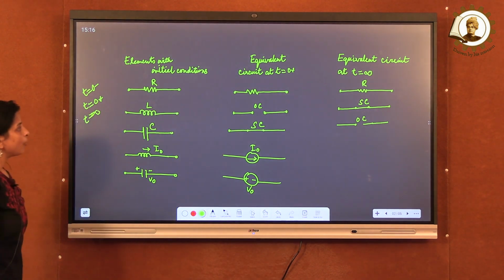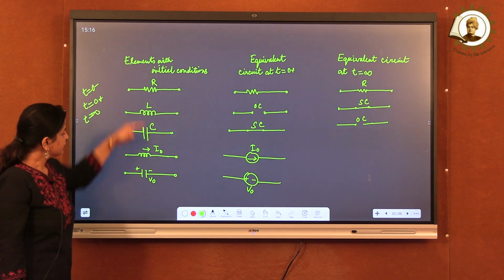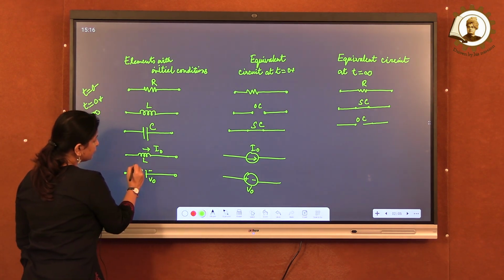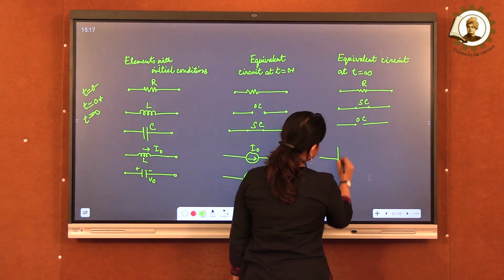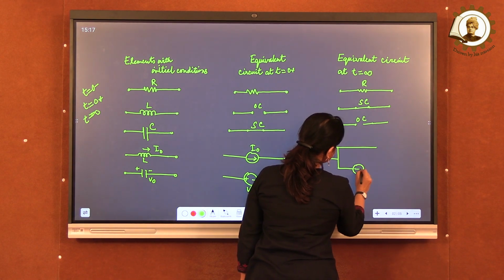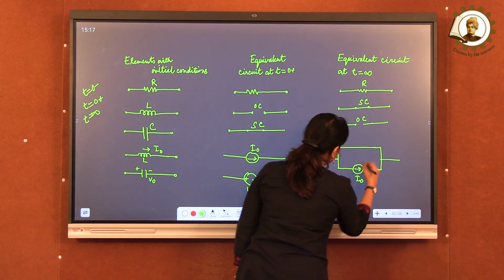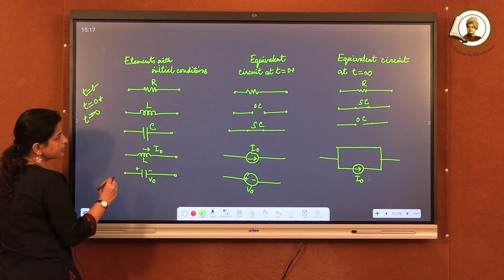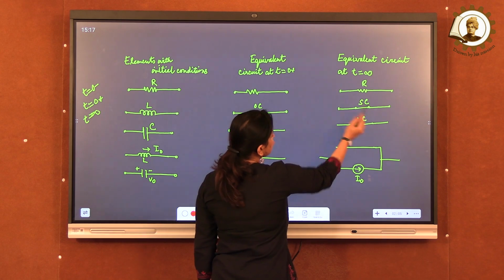Now for t equal to infinity, at steady state condition, for an inductor with initial condition of current I0, the equivalent circuit will be a current source of I0, and the line will be short circuited, because the inductor at t equal to infinity is short circuited.